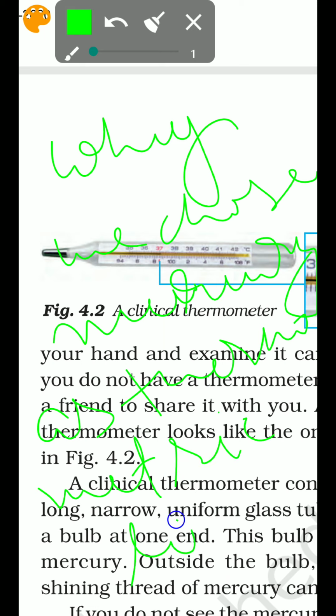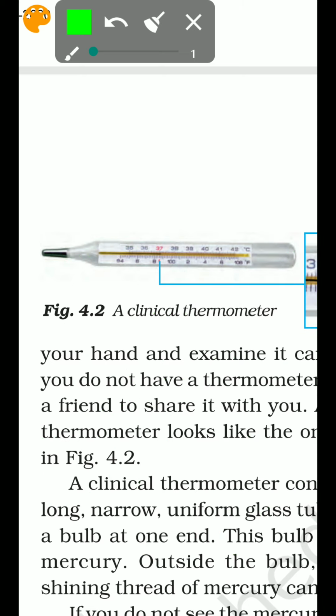Thermometric liquid, students, means the liquid which is present inside the thermometer. As I have told you, the bulb of the thermometer contains mercury. At the same time, the question may come to your mind: why have we taken only mercury, why not water or some other liquid?